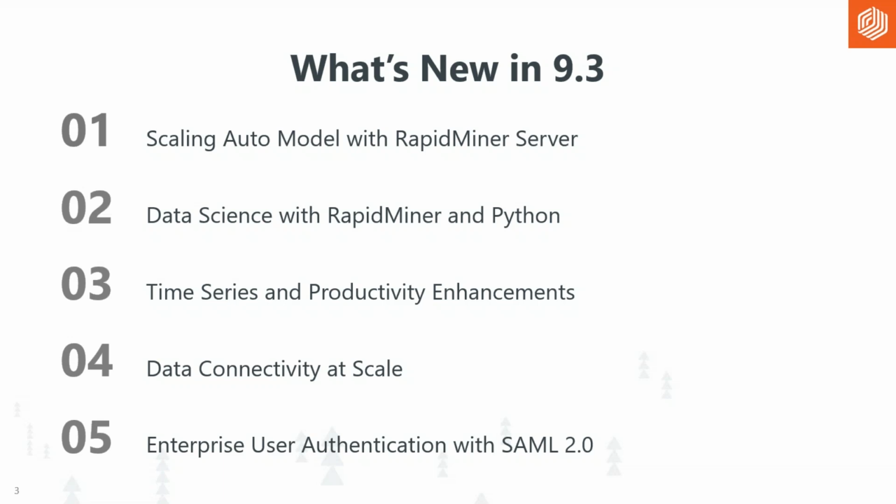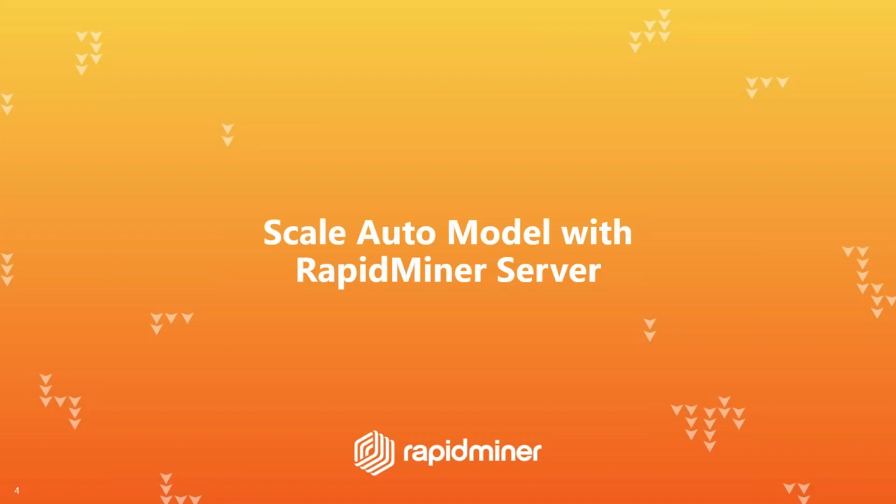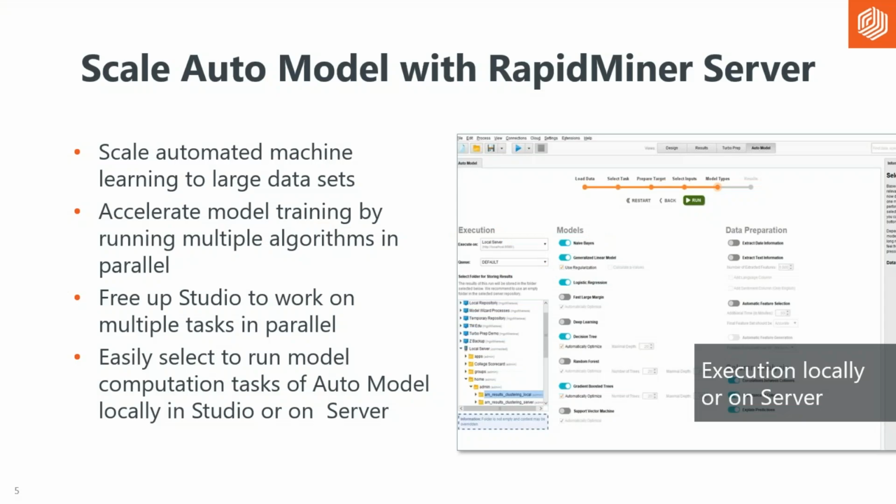So let's look at those new capabilities in a little more detail, and let's start with scaling the AutoModel. What is really the benefit here? Well, the benefit is that you can now scale automated machine learning with AutoModel to really large data sets, as you can offload the computationally intensive parts to RapidMiner Server.